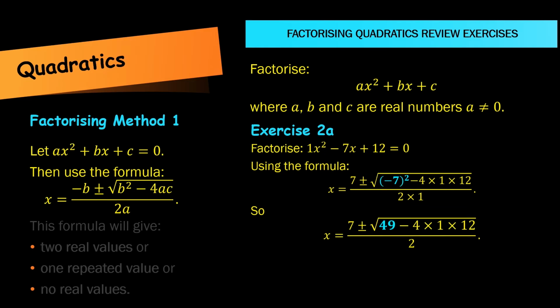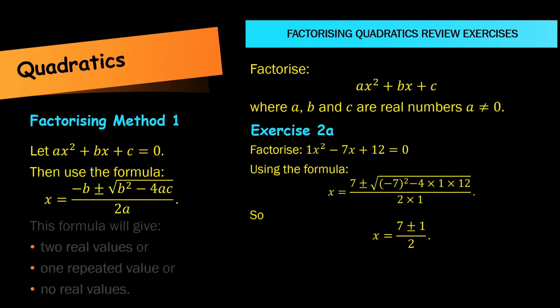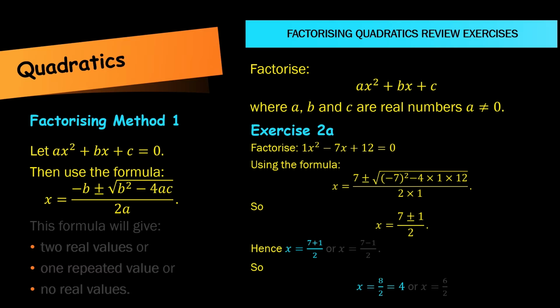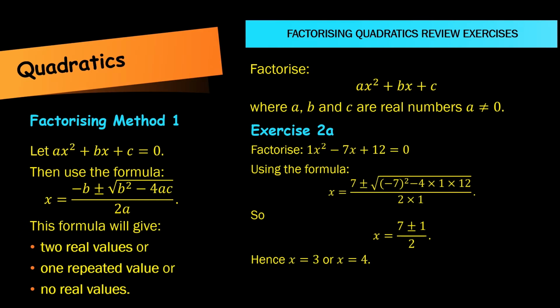Then we tidy up to obtain x equals 7 plus or minus 1 all over 2. So either x equals 7 plus 1 over 2, or x equals 7 minus 1 all over 2. So tidying up gives us that x equals 4, or x equals 3, as shown.